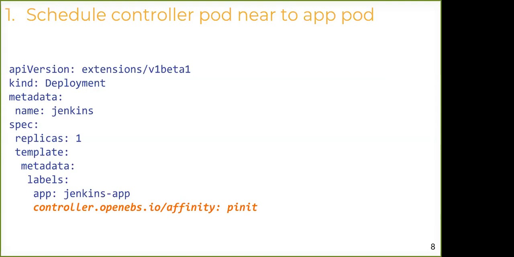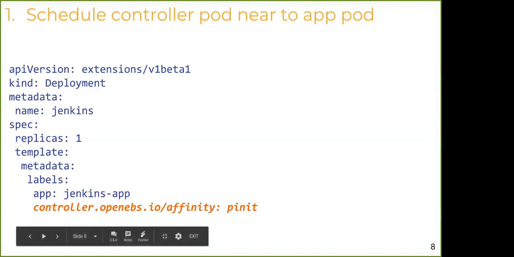So this is the YAML which is configured in a way that allows the controller pod to be scheduled near to the application pod. When I say near, it means the controller pod and the application pod are scheduled on the same node. The YAML presented here is just a sample. It's a Jenkins deployment.